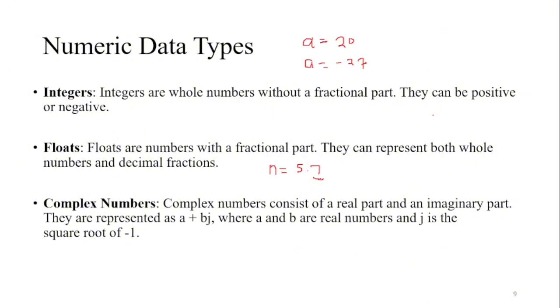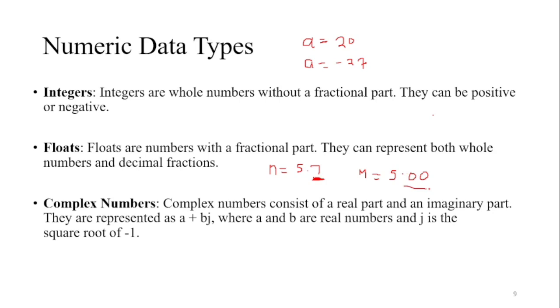So here I have a fractional part. They can represent both whole numbers and decimal fractions. If I have m as another variable, and I assign 5.0, that will still be a float because it has a fractional part.